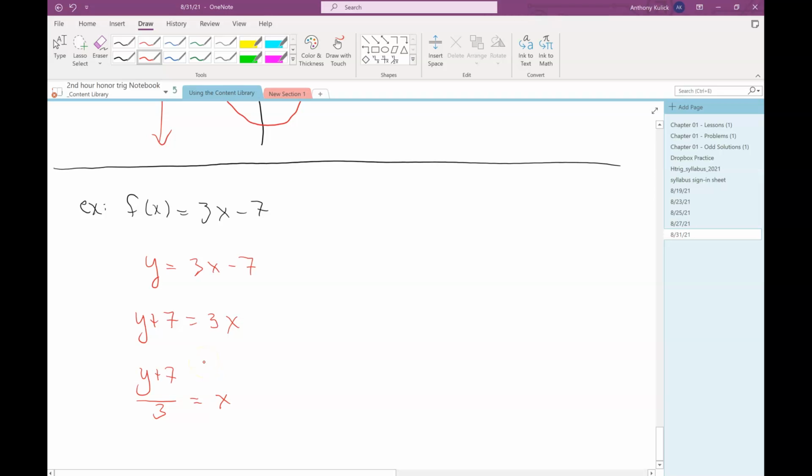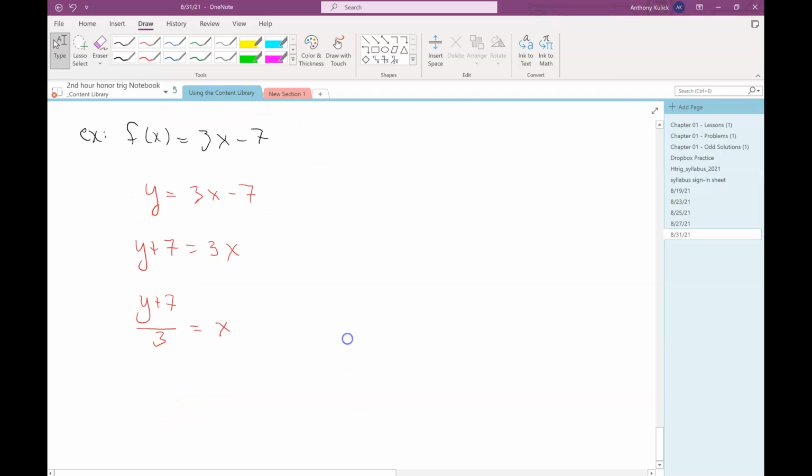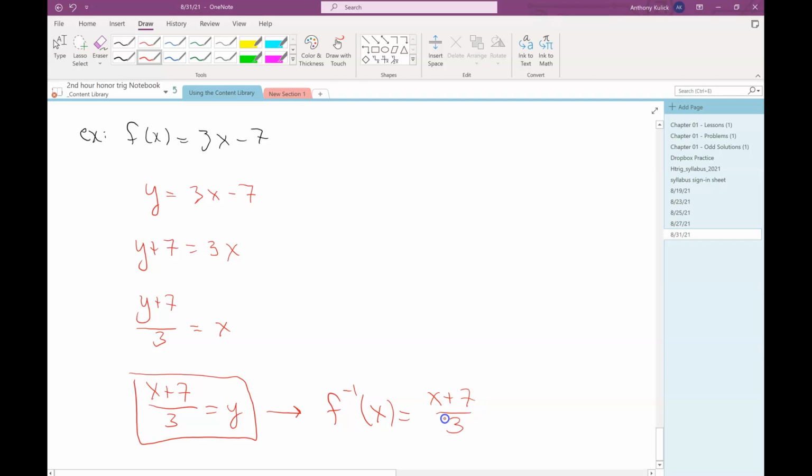Once I've isolated my x, I would then swap the x and y. And basically we're finished then. We would say f inverse is equal to x plus 7 all over 3. Or you could write it as x over 3 plus 7 over 3 if you want. That's fine too.